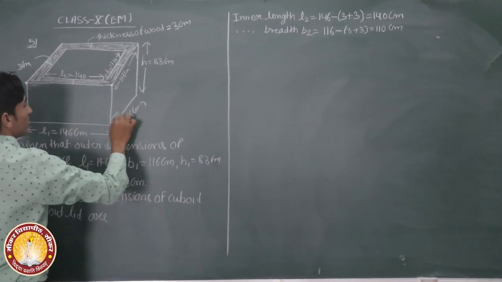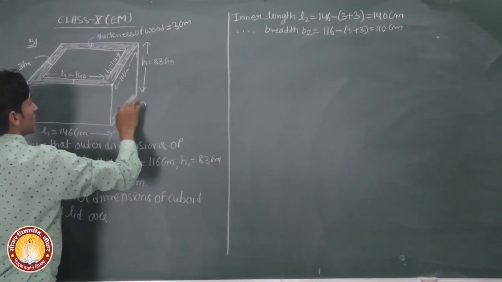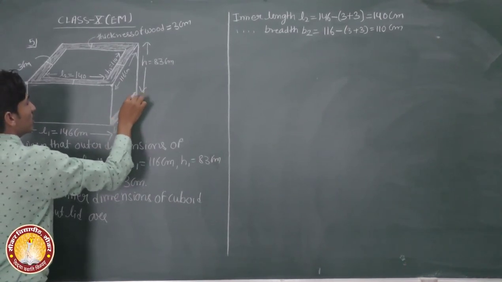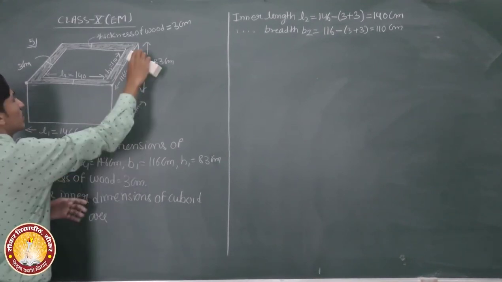And last, at the bottom the thickness of wood is 3 cm.